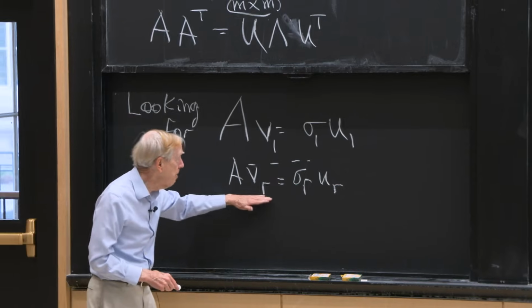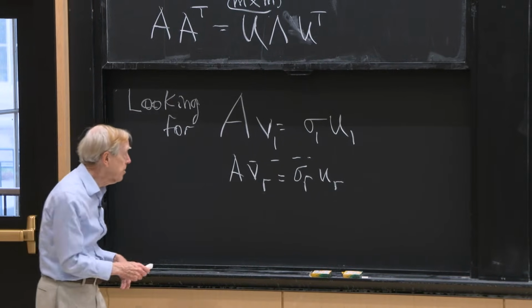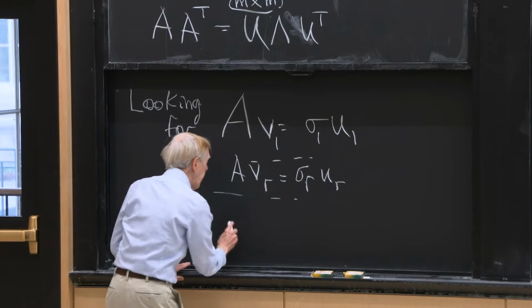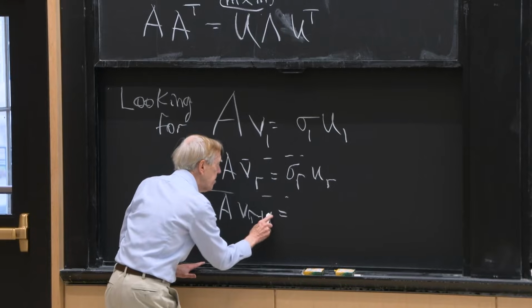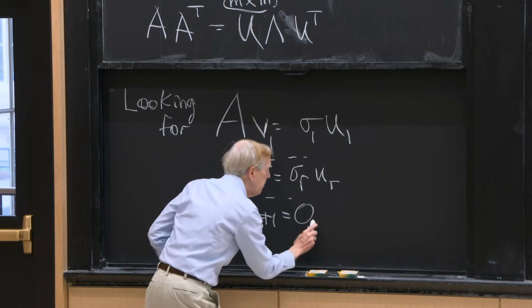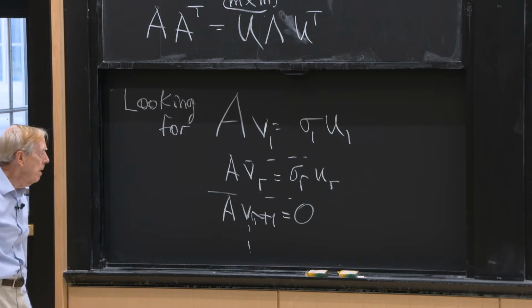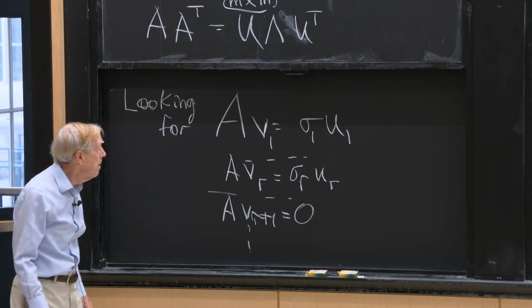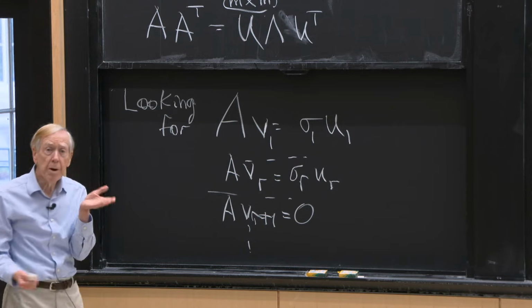And why did I stop at R, the rank? Because after that, the sigmas are 0. So after that, I could have some more guys, but they'll be in the null space, V(r+1) on down to Vn. So these are the important ones. So that's what I'm looking for.